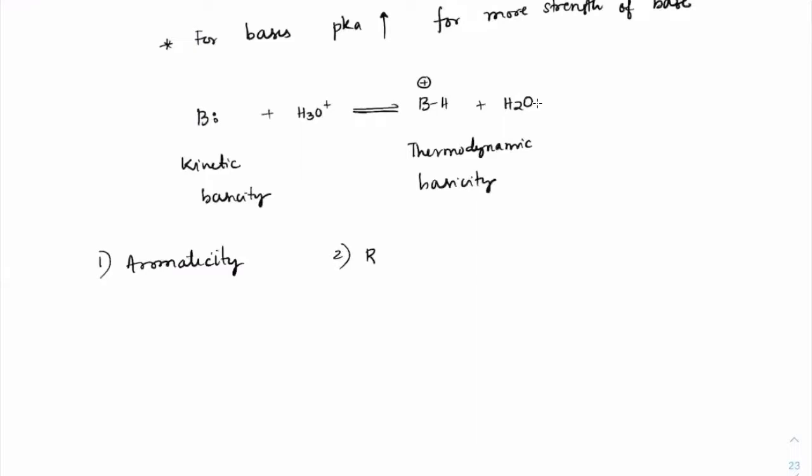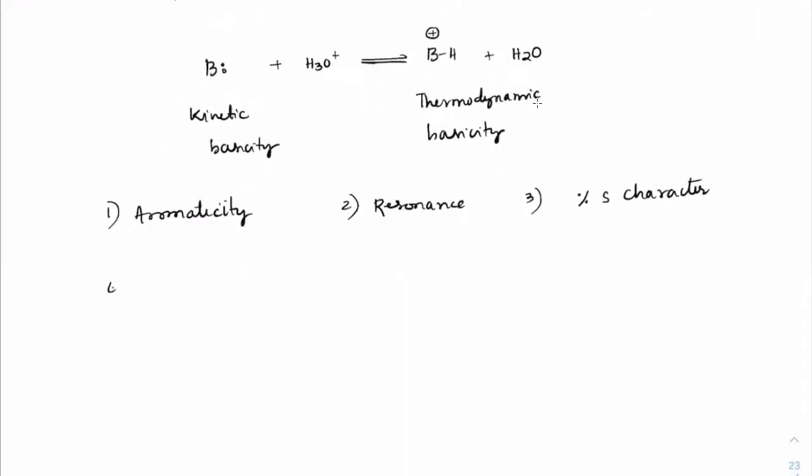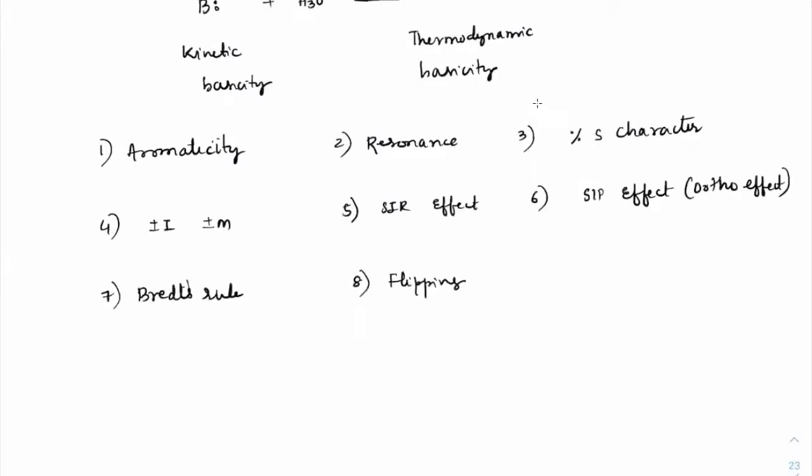Same way, simple resonance. Same way, percentage S character. If percentage S character is more, basicity is less. Same way we can check plus I, plus M, minus M. We can check out steric effects. These are the main cases which we will check.